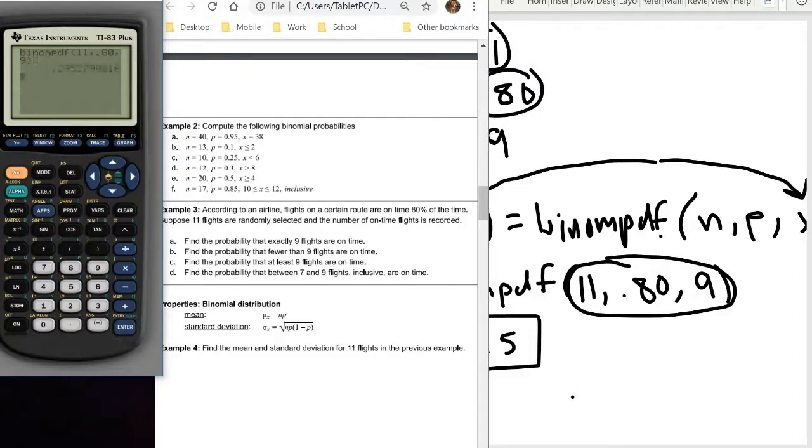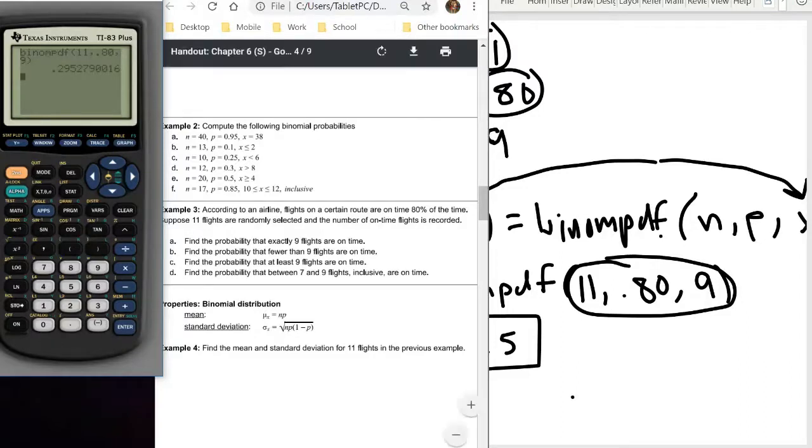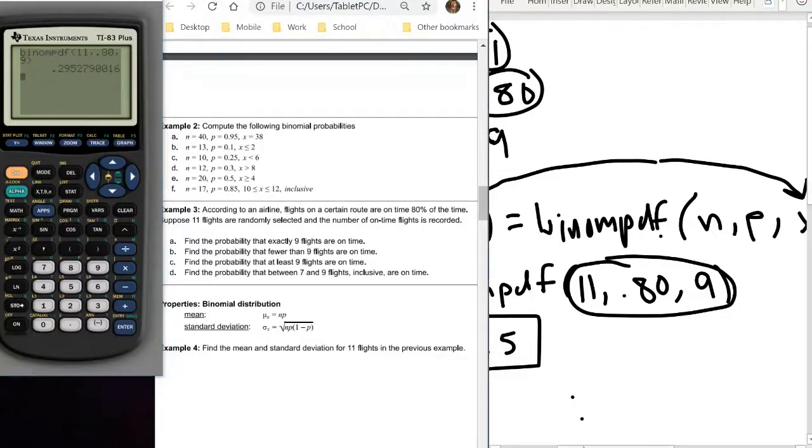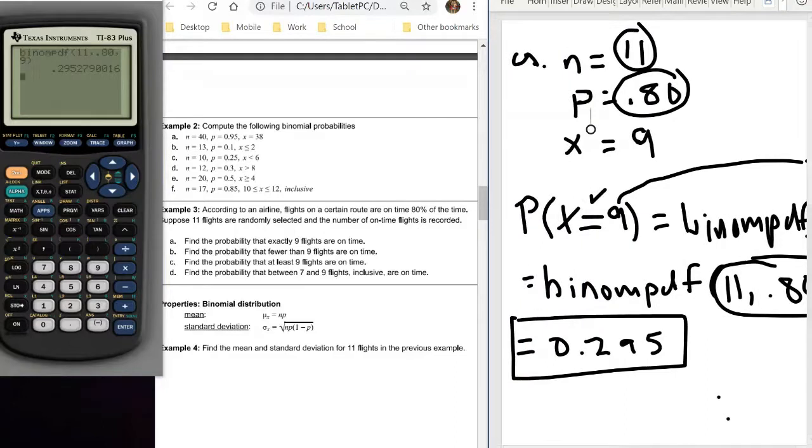When we hit enter, notice that that gives us the same answer as before, the 0.295. So this is a nice way to calculate the probability when equal is involved. The equal sign is a good thing.